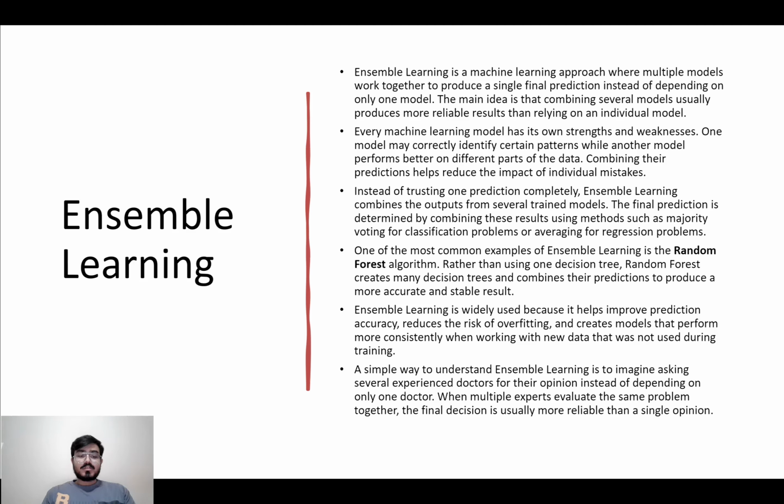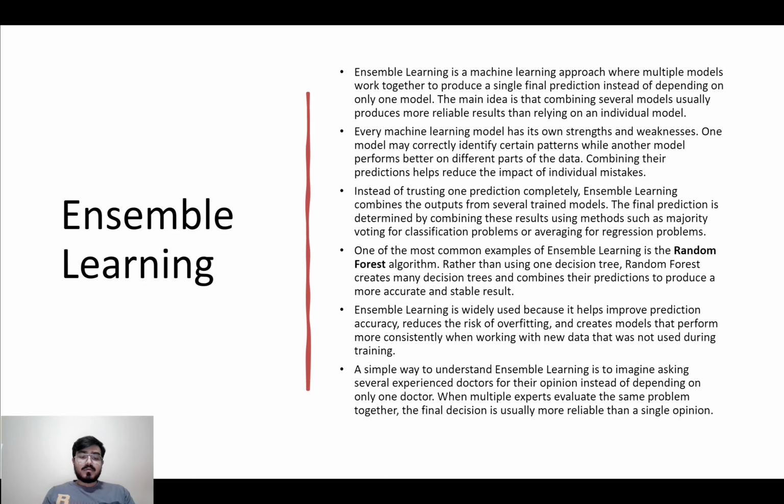Instead of trusting only one model, ensemble learning combines the predictions from several trained models. For classification problems, the final prediction is often selected using majority voting, where the answer chosen by the most models becomes the final result. For regression problems, the predictions are usually combined by calculating their average.